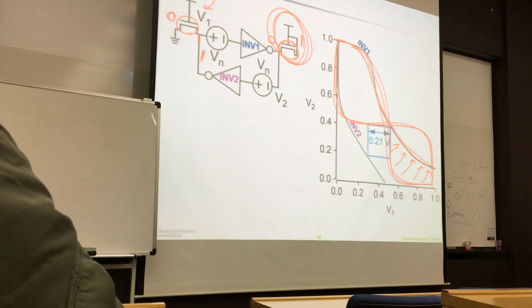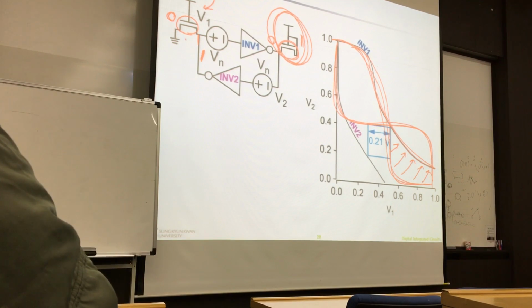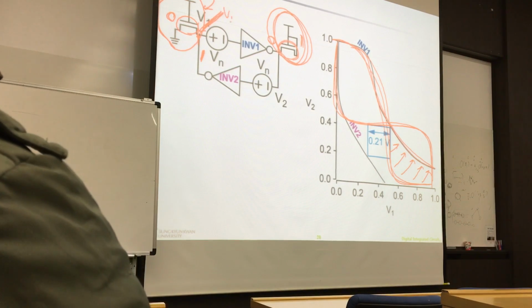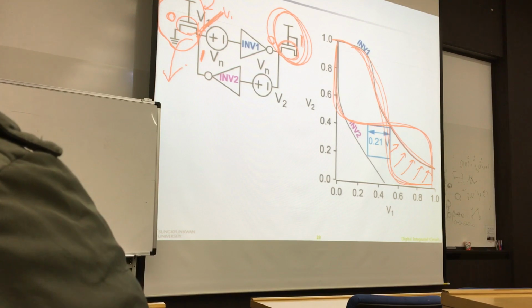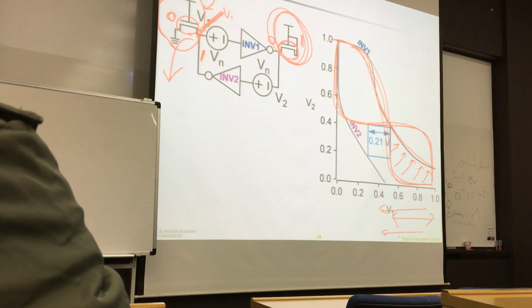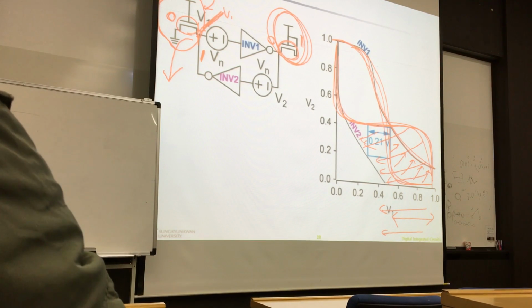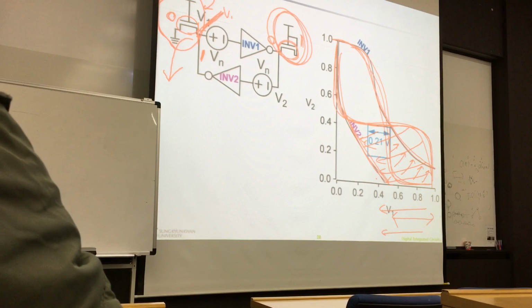But for inverter 2, what this access transistor is doing is, if your inverter 2 output, this node V1, is high, it's pulling it down. So when your V1 is high, like in this region, it will pull it down. So that's why you originally had this, but now your VTC goes down like this. That's why your inverter 2 VTC looks like this.